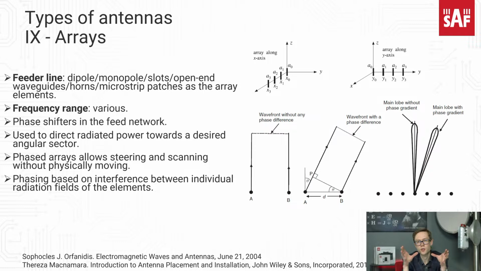And when we change the phase of the signal at different elements, we create an interference pattern where the multiple radiation patterns of each element overlap and interfere either constructively or destructively with each other. And this is what changes the distribution of maxima and minima in the overall radiation pattern. And this is how we can steer and change the direction of this radiation pattern.